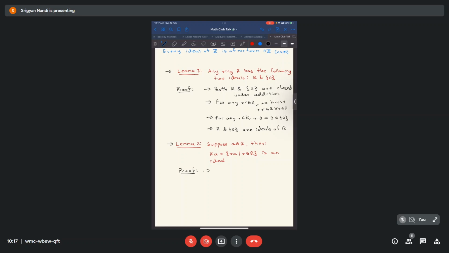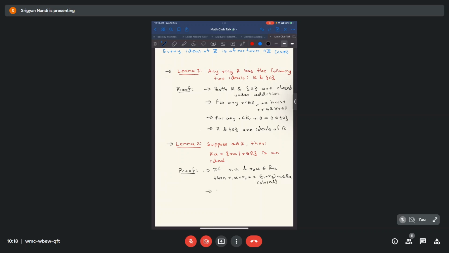We consider the set Ra, the set of all elements expressed as ra, where r is an element of R. If r1a and r2a belong to Ra, then r1a plus r2a equals (r1 plus r2)a, and r1 plus r2 is again an element of R. So this also belongs to Ra, so it's closed under addition.